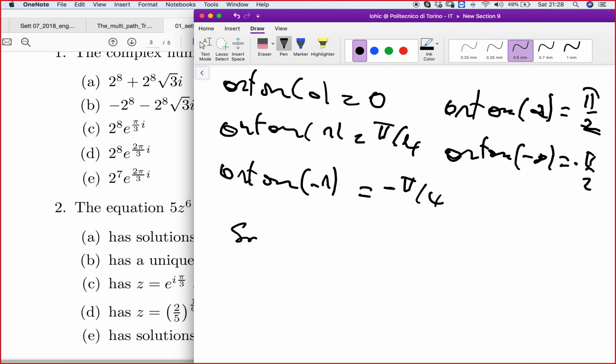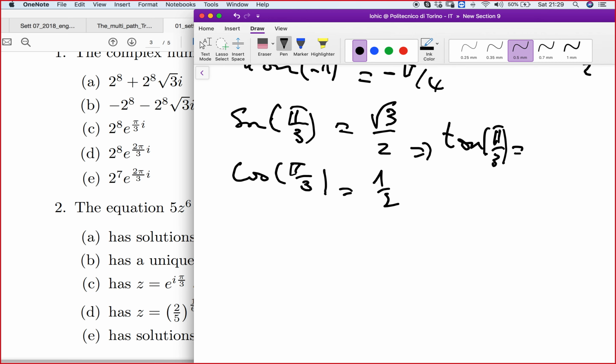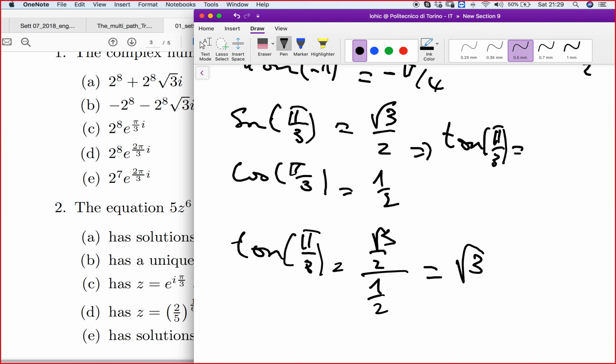You know, for example, that the sine of pi over 3 is root 3 over 2, and the cosine of pi over 3 is 1 over 2. The tangent of an angle is the sine divided by the cosine. So the tangent of pi over 3 will be root 3 over 2 divided by 1 over 2, which gives me root 3.